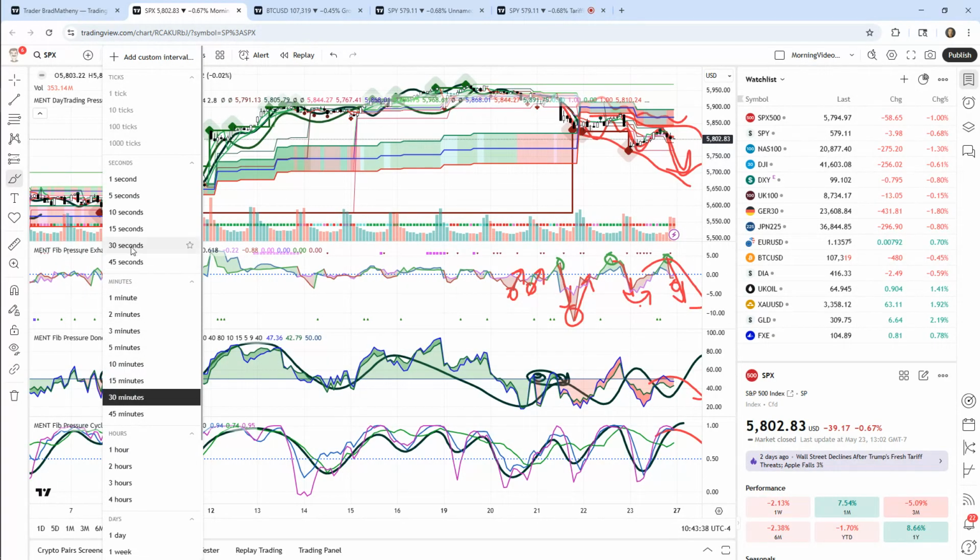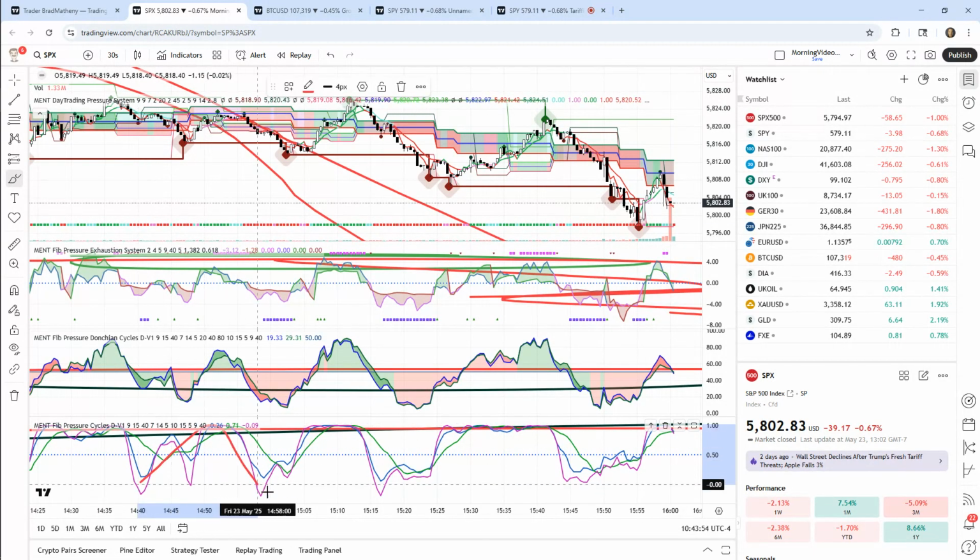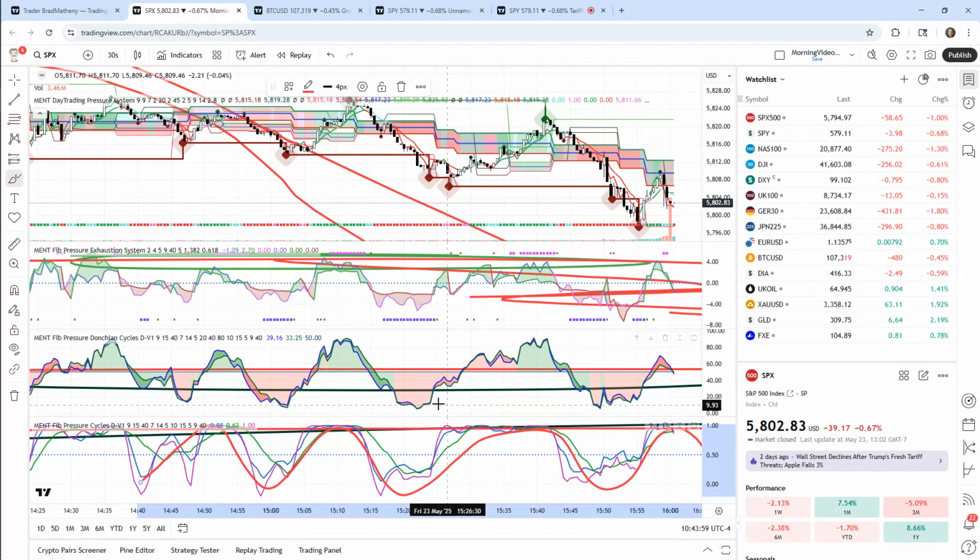So we come over here to the 30-second chart, and you're going to see the same types of pressure cycles. Bearish cycle into bullish cycle into bearish cycle. And again, you can see these cycles play out. They're very clean. Bullish, bearish, bullish, bearish, bullish, bearish, bullish, moving into bearish.